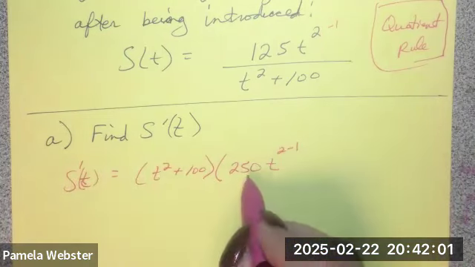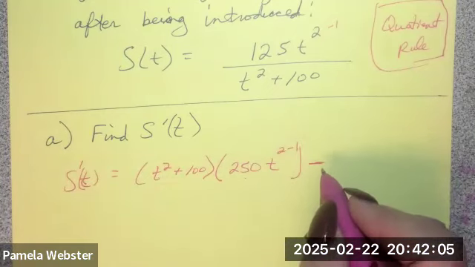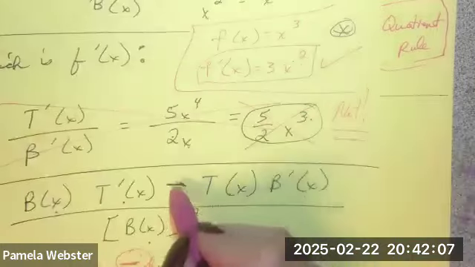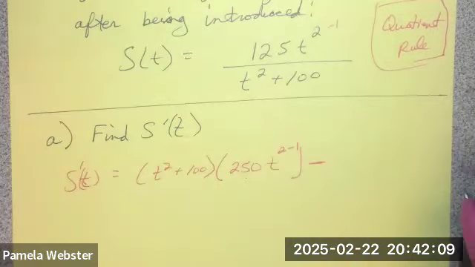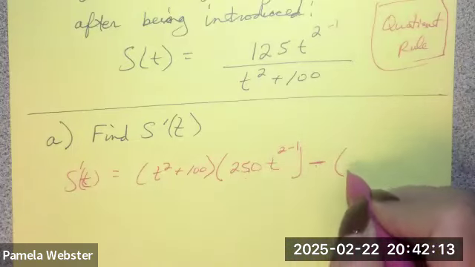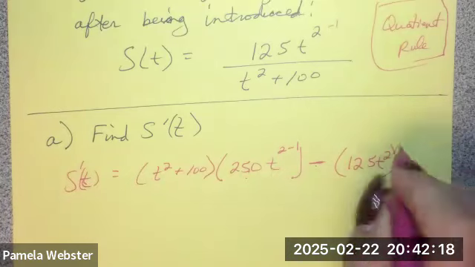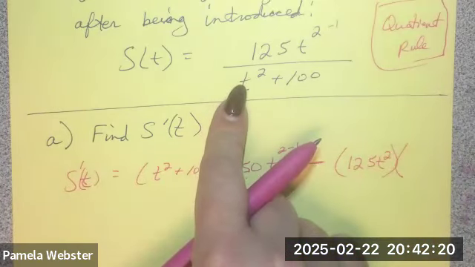Okay. So it's bottom times the derivative of the top minus, from the formula. That's a minus sign in the formula, so make sure it's a minus. Bottom times the derivative of the top minus the top, just the way it looks originally, times the derivative of the bottom. Well, what's that?